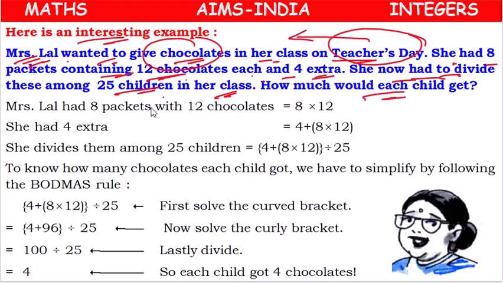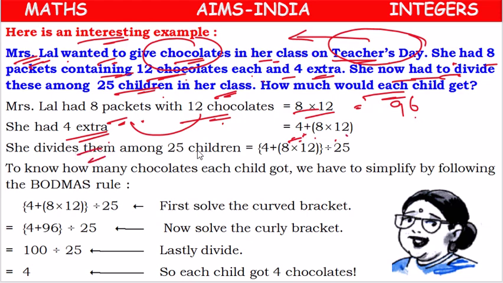So she had 8 packets of chocolates. Each packet has 12 chocolates. So total how many? 8 twelves are 96. Along with that, she had 4 extra. Means 8 into 12 plus 4, or 4 plus 8 into 12.